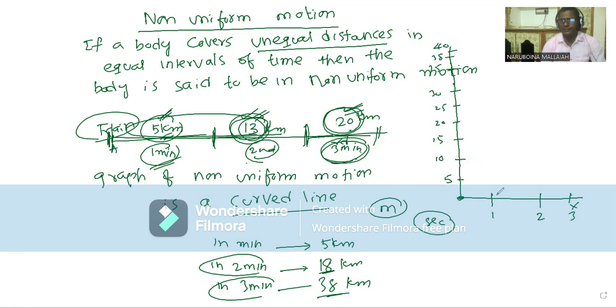Now just imagine. In the first minute, 5 kilometers, so put a point at 5. Next, in 2 minutes, from 2 we go up to 18, which is just below 20.